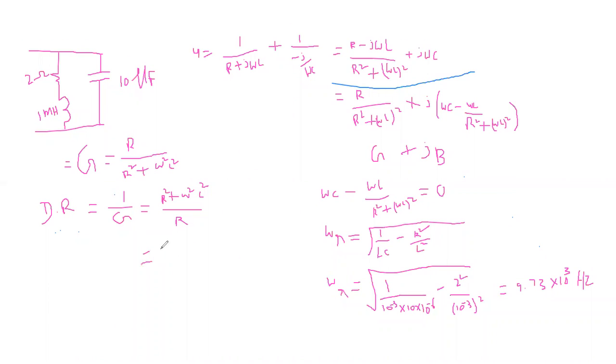So R square, what is the value of R square? 2 square, plus omega value, omega value is 9.73 into 10 to the power of 3, whole square, into L value 1 millihenry, 10 to the power of minus 3, square, divided by R. R value is 2. This is the dynamic resistance value.